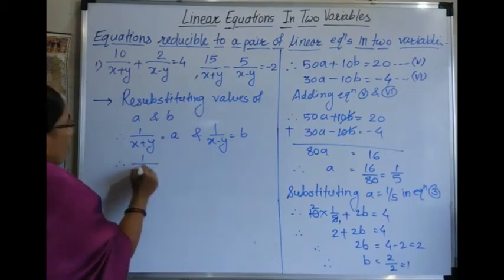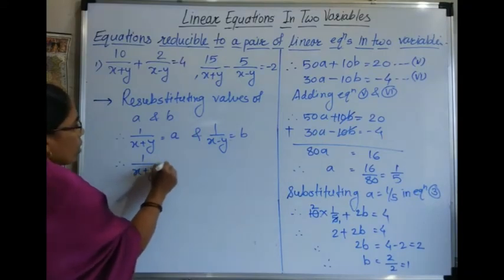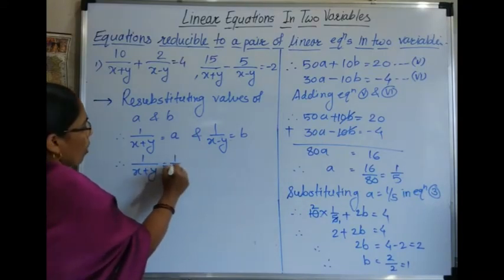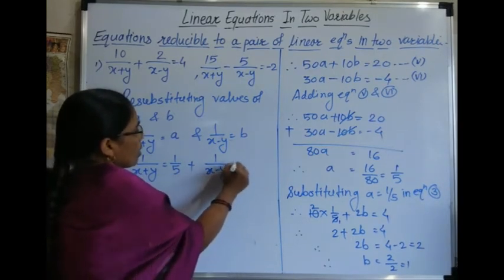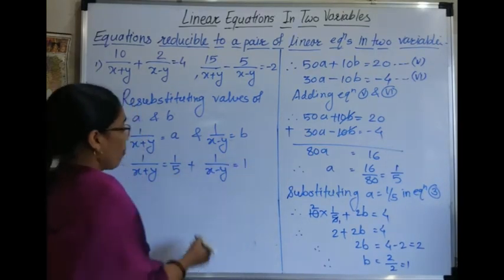Therefore, 1 upon x plus y is equal to, value of a is 1 upon 5, and 1 upon x minus y is equal to, value of b is 1.